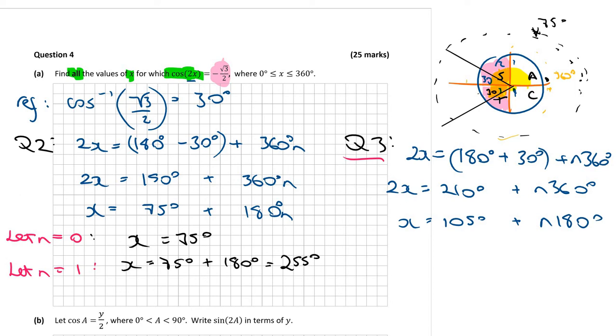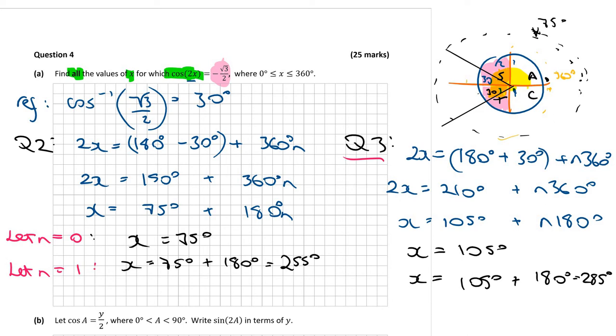We do the same thing we did here. We're going to let n equal 0. x equals 105 degrees. We let n equal 1. x equals 105 degrees plus 180 degrees, which is 285 degrees.